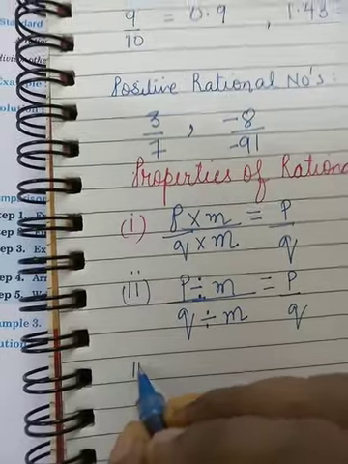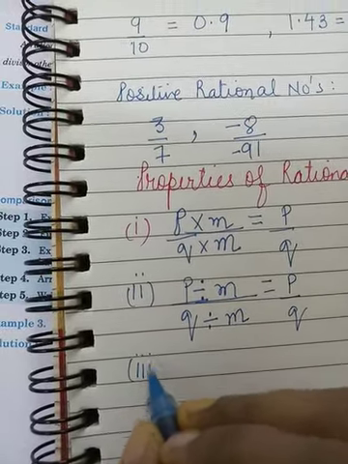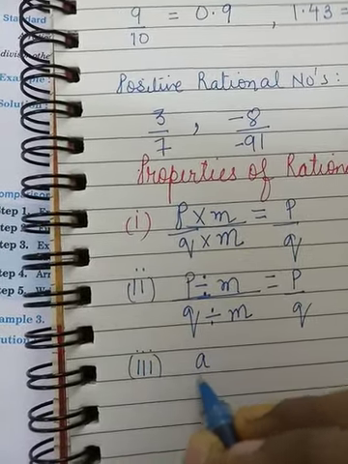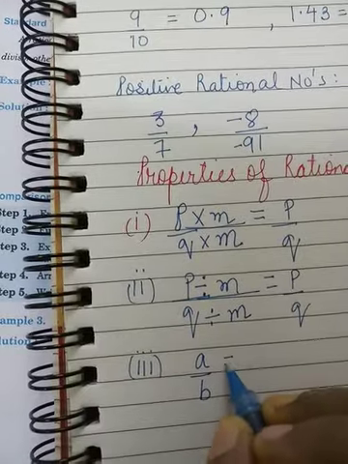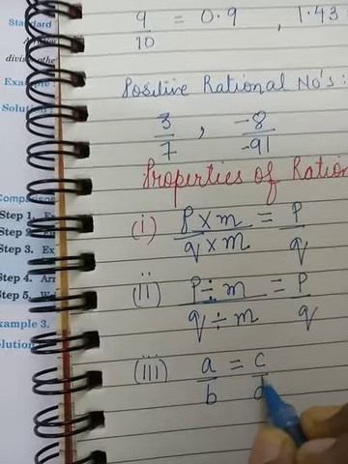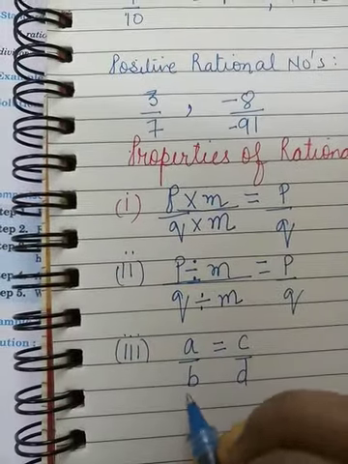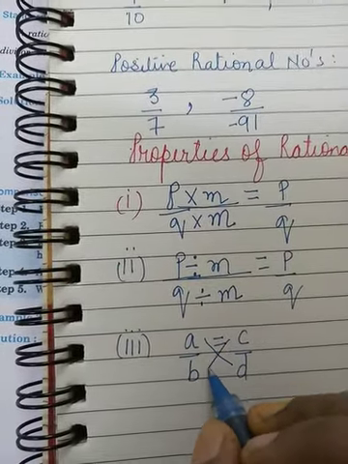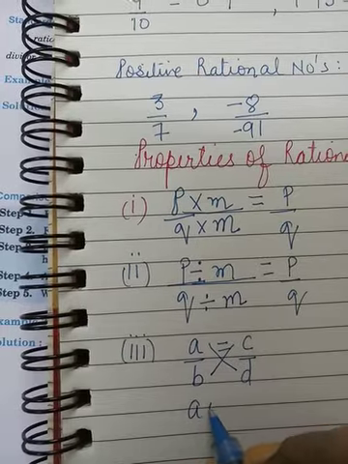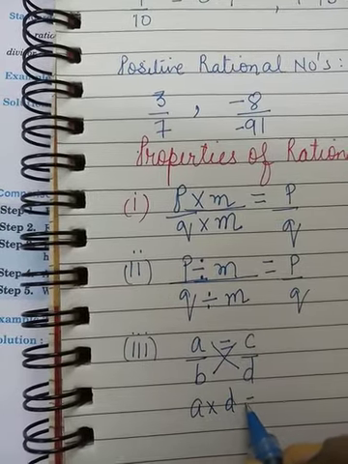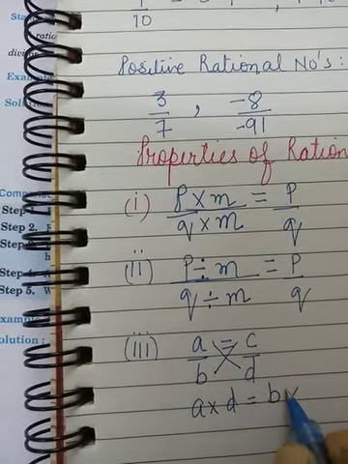Third property: if a by b is equal to c by d, that means the two rational numbers are equal, then we cross multiply. So a into d is equal to b into c.